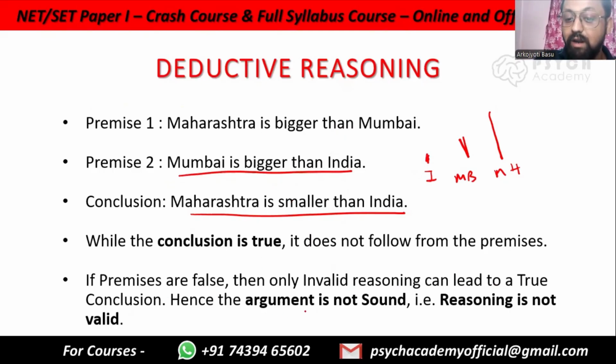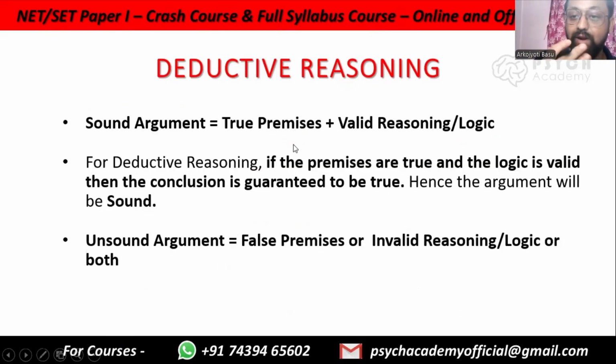So once again, the argument is not sound because the reasoning is not valid. Even if the conclusion is true, even if one of the premises is true, the reasoning is not valid. So to get a sound argument, you need both true premises, that is correct information, and also valid reasoning or logic, that is ways of using your reasoning.